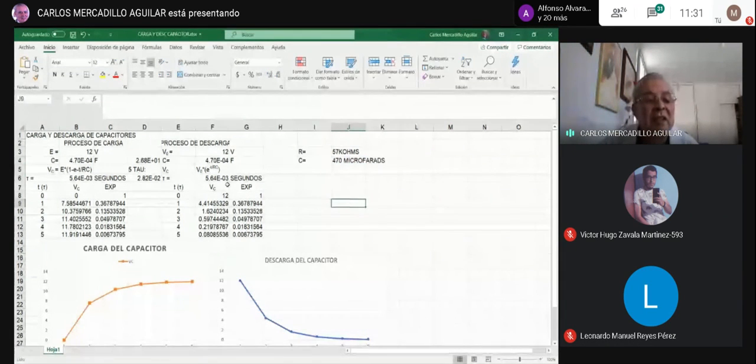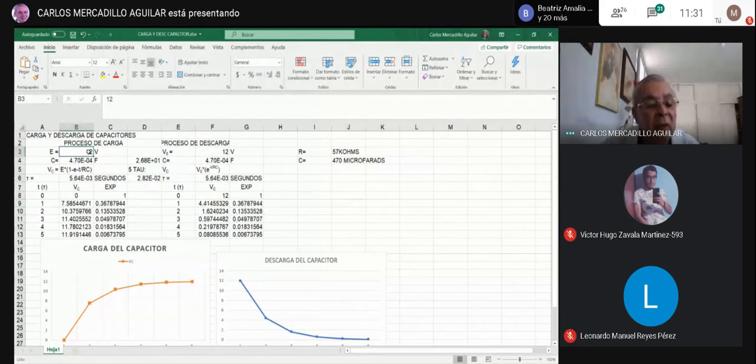But we can change the values here because it is live. We can change the voltage. We can see here that the voltage will reach the value of 11.1992, for example. It's almost 12 volts. And also here the value starts at 12 volts because V0 is 12 volts.